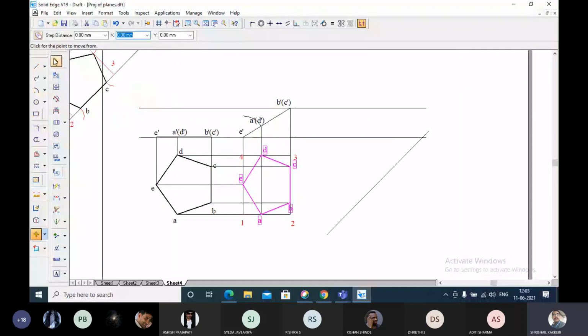Move from this point, locate here. Don't locate here, it will cross the figure. Locate somewhere here on this line, then enter, go to rotate, rotate through this point, and any point on this must lie over this point.